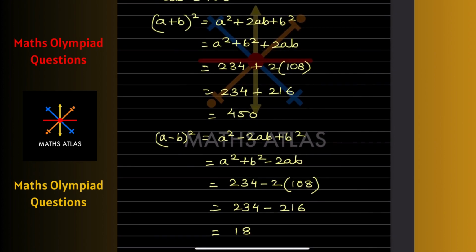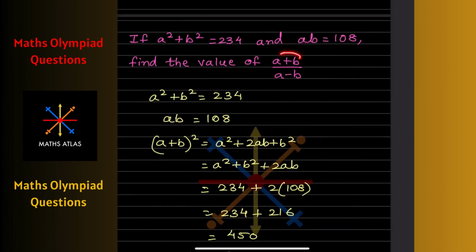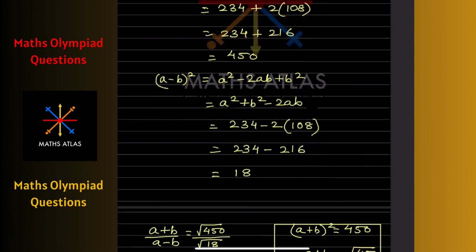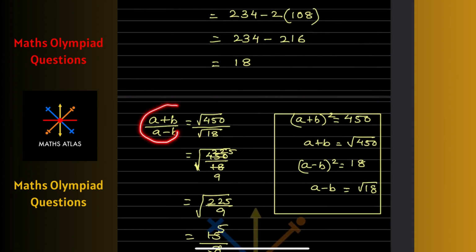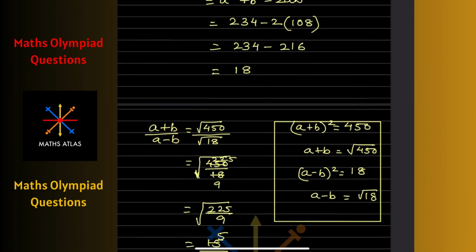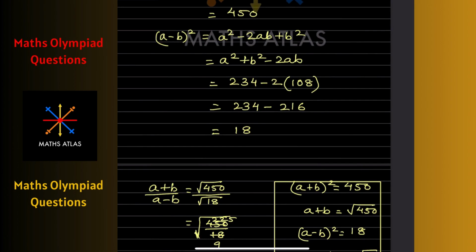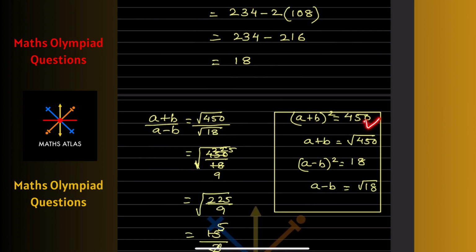So this we are going to subtract, that is 18. Now we got both of them, a plus b whole bracket square and a minus b whole bracket square. But we want the value of a plus b divided by a minus b. For a plus b, we got the value as 450. So if we square root both sides, a plus b will be root of 450.